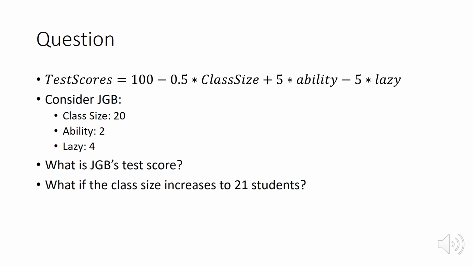What if the class size changes? What if the class size increases to 21 students? Now what's JGB's test score? And importantly, none of that other stuff has changed. So all we have to do is change 0.5 times that class size. So what's his test score now?